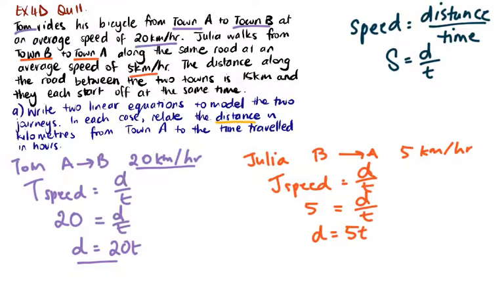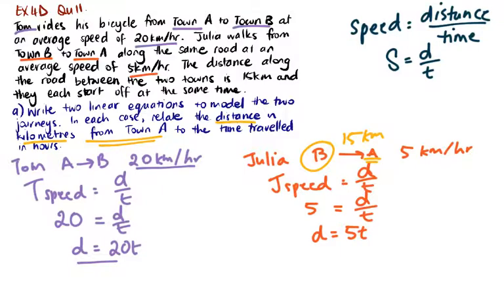Now, just to make things a little bit more complicated, what the question asks is, relate the distance in kilometers from town A. Now, unfortunately, Julia is starting from town B, which is 15 kilometers away. But we want to actually do it in terms of starting at town A. So her formula is a little bit different.